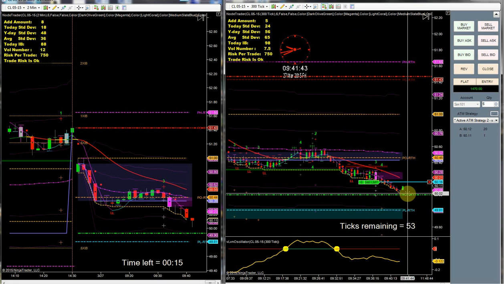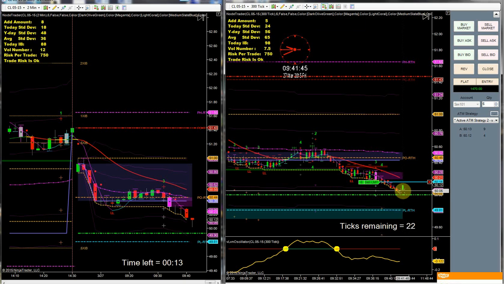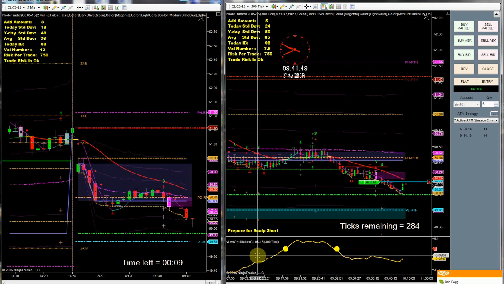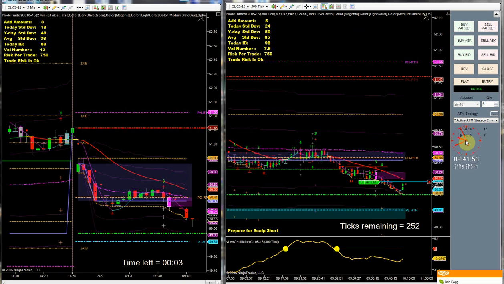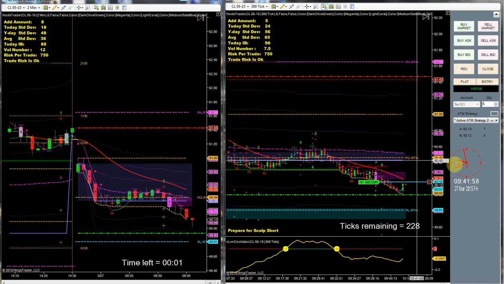Which means I need to get down to 06, which is right here. This is going to be my last trade if we get entered into this one. Got a meeting at 10 o'clock this morning. I need to leave and start getting ready for that here shortly.